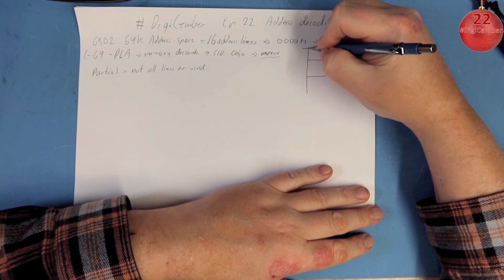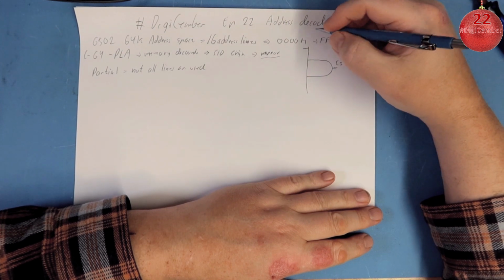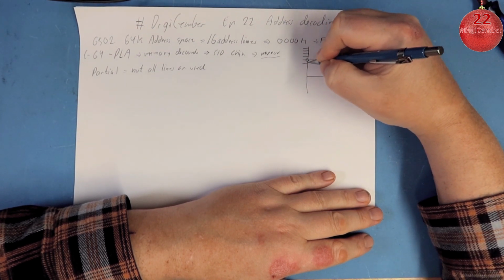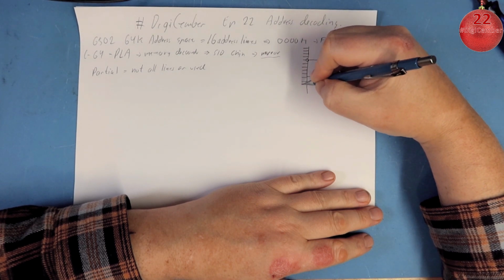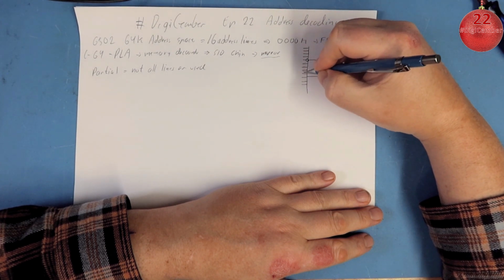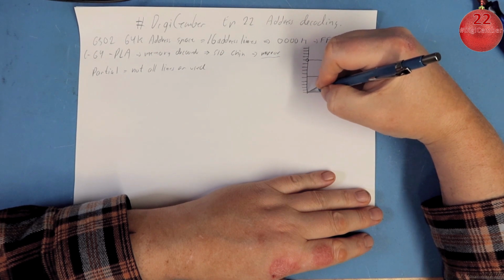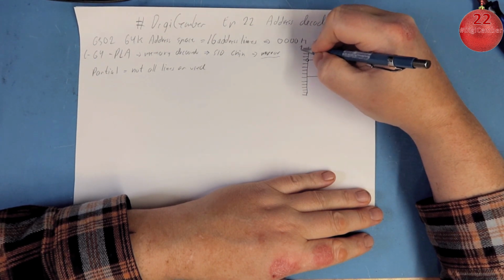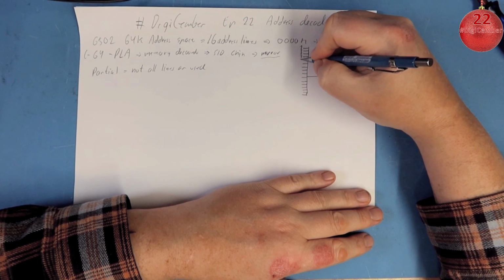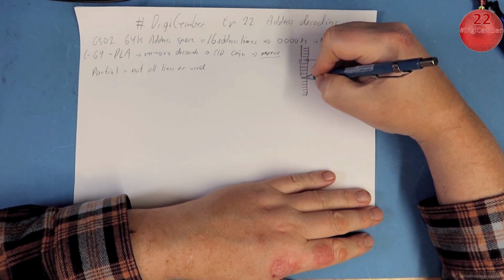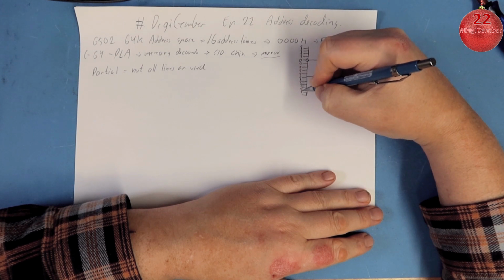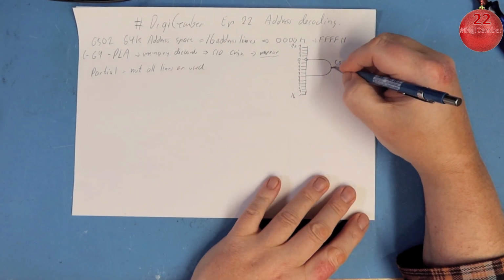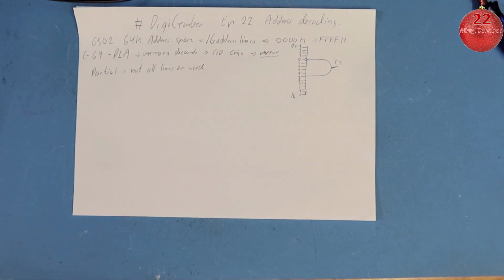And let's say that every line in here has to be 1, 2, 3, 4, 5, 6, 7, 8, 9, 10, 11, 12, 15, 16. So every one of these needs to be a 1, except this one that needs to be a 0. Then you have just one single byte in the memory scheme.